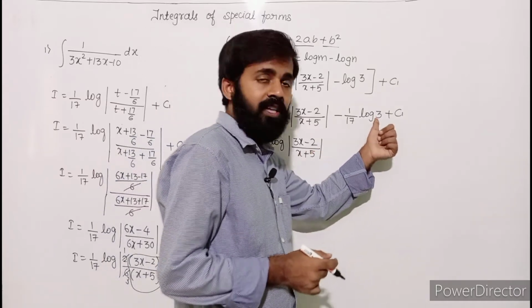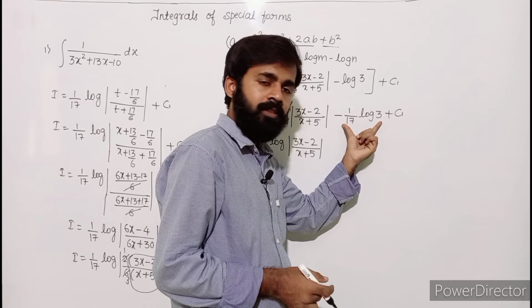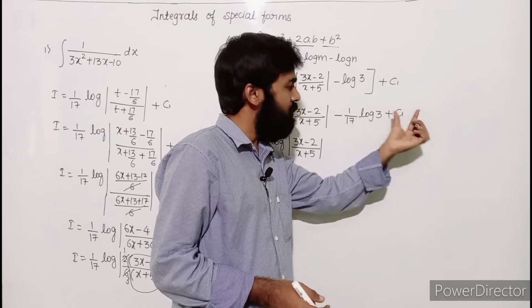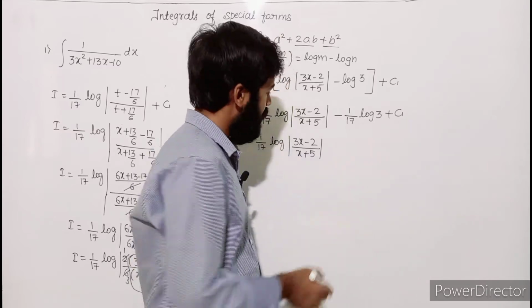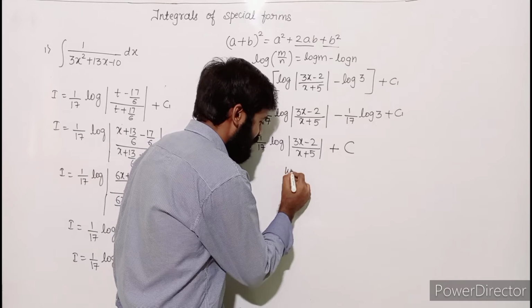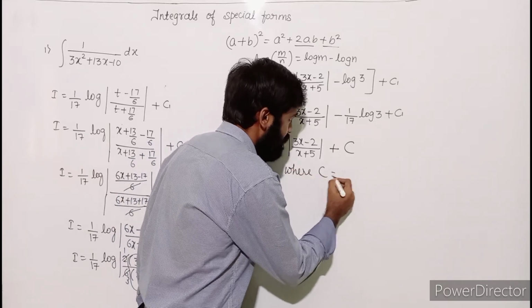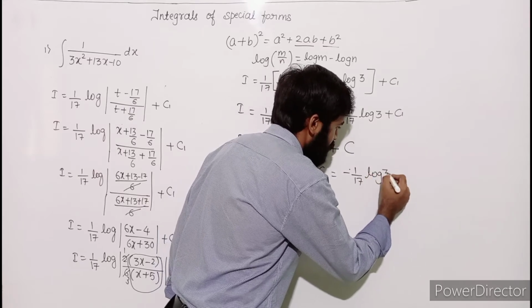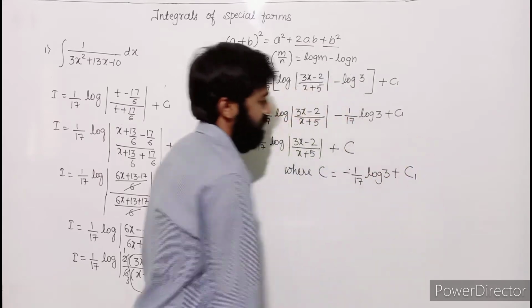Now log 3 is a constant, so this whole term is constant. Minus 1 by 17 log 3 plus c1. Together both I can write as constant of integration c, right, where c is minus 1 by 17 log 3 plus c1, right.